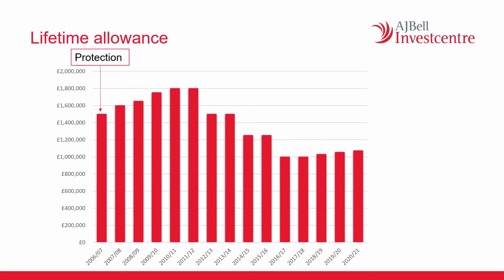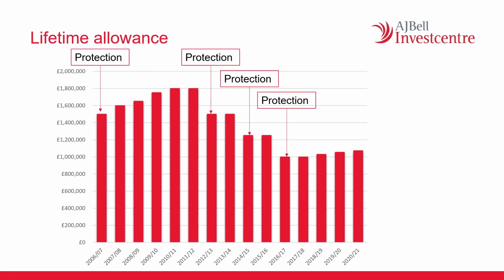So on the first cut in the lifetime allowance in 2012, when it dropped back down to 1.5 million, we had some protection then. It was cut down to 1.25 million in 2014. We had another load of protection then. And then in 2016, we had our most recent cut down to 1 million. And no surprise, another load of protection then. The lifetime allowance stayed the same for a year.